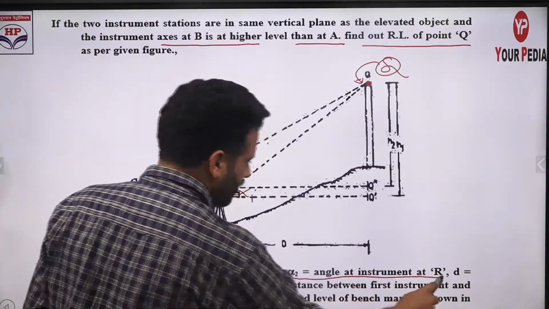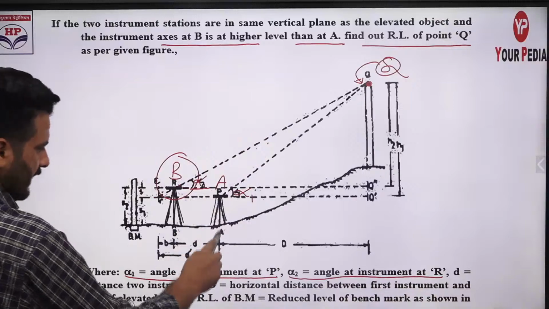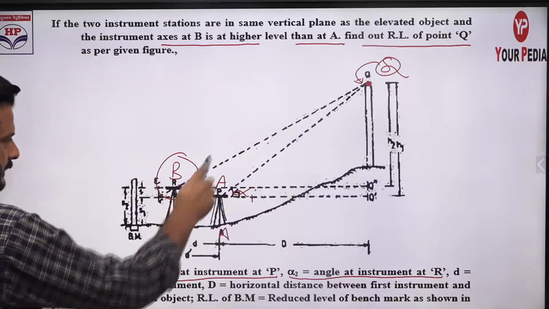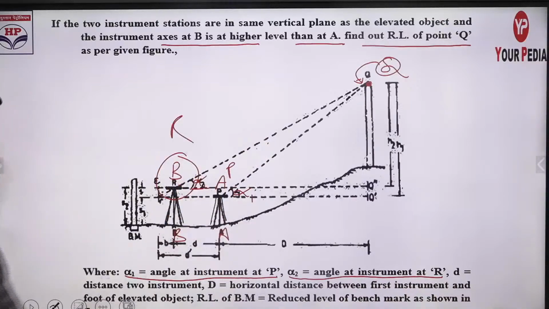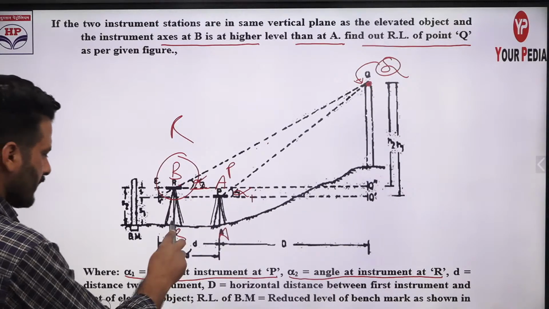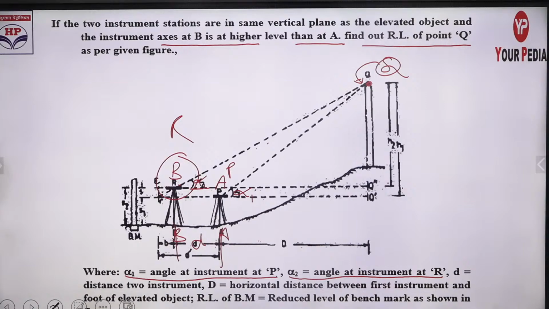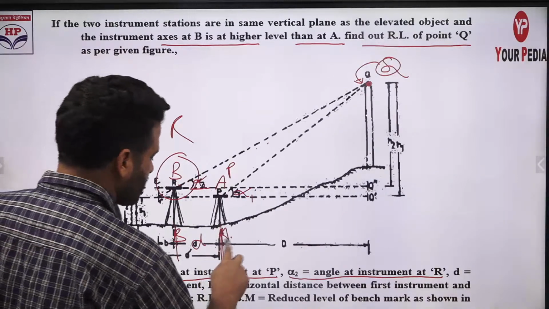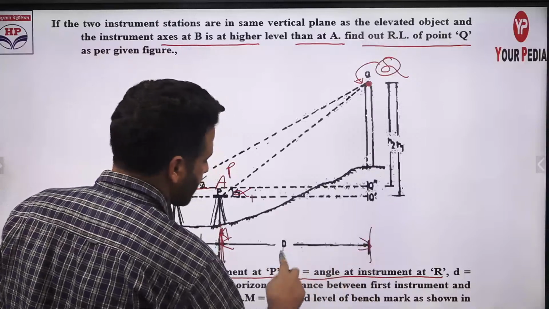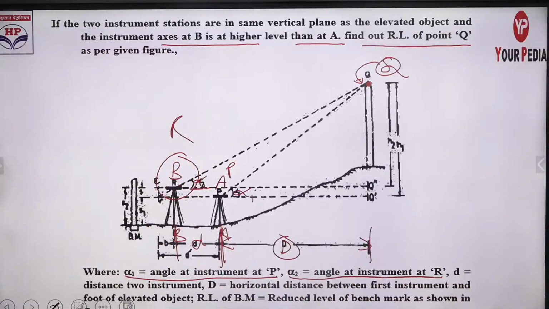Alpha 2 is the angle of the instrument at R. This is P, this is R. The distance between the two instruments is small d. And the horizontal distance between the first instrument and the foot of the elevated object is capital D. The RL of the benchmark he is asking.